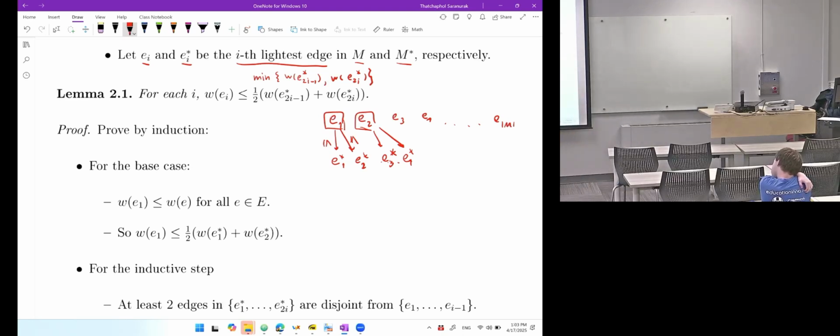Well, the best case is that E1 is the lightest edge. So it's going to be lighter than any edge. So it's lighter than both of these, E1 star and E2 star, which means it's lighter than the average of these. So we get this one.